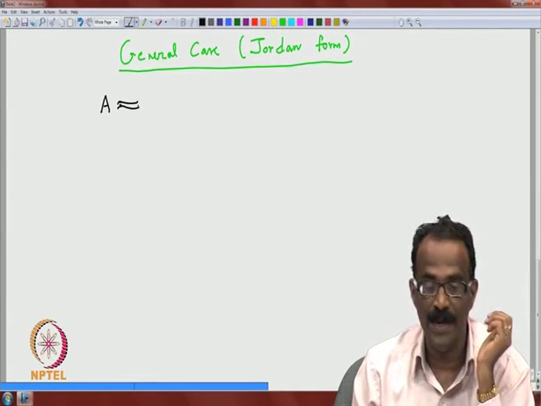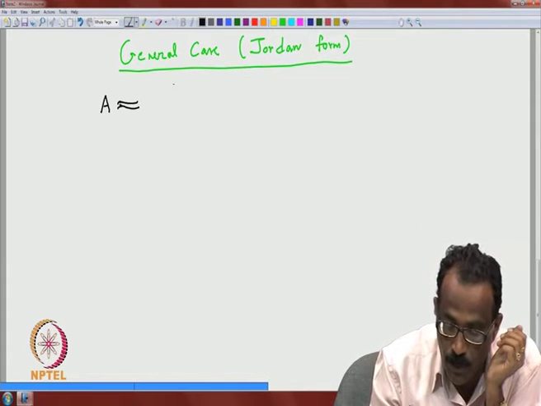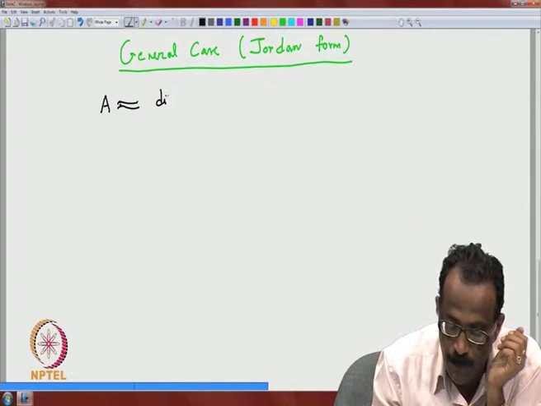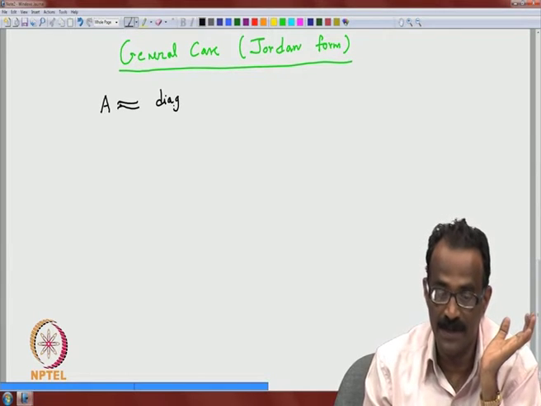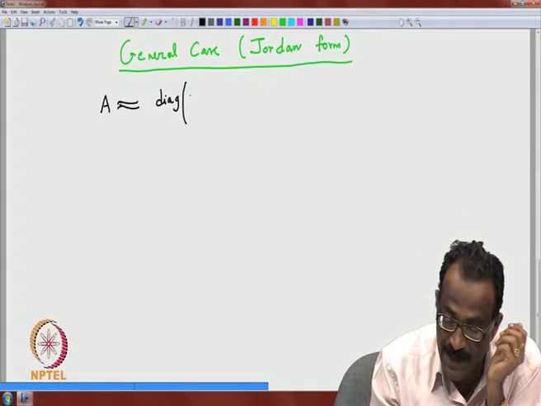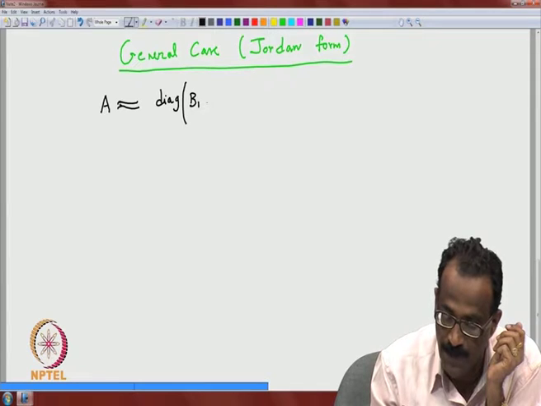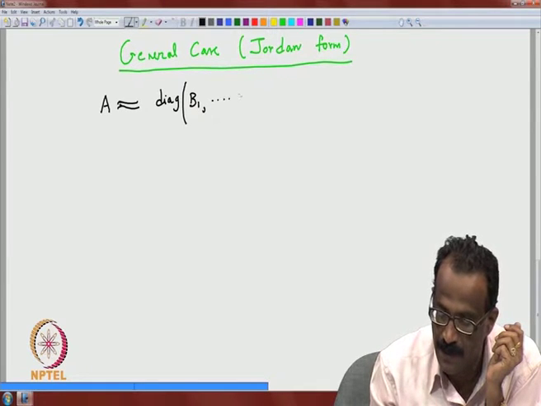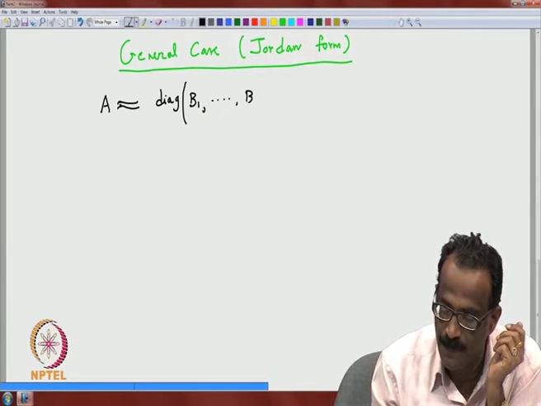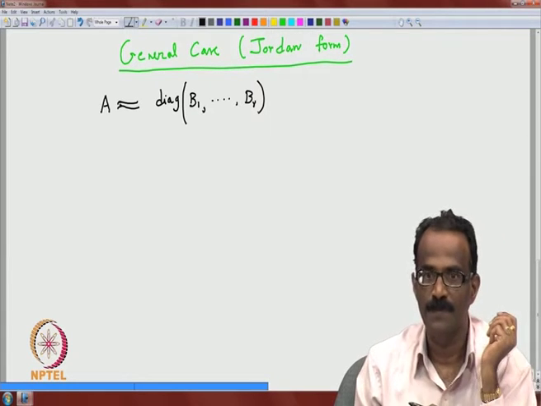you can linearly make it equivalent to a block diagonal form, with blocks B1 through Br.